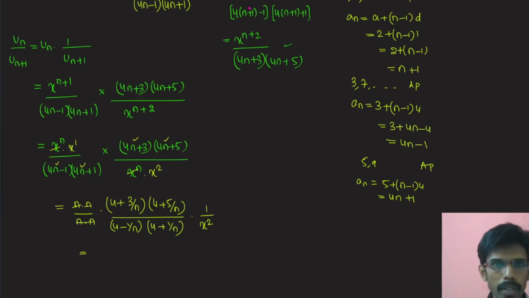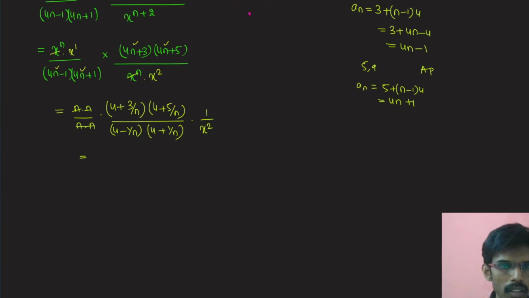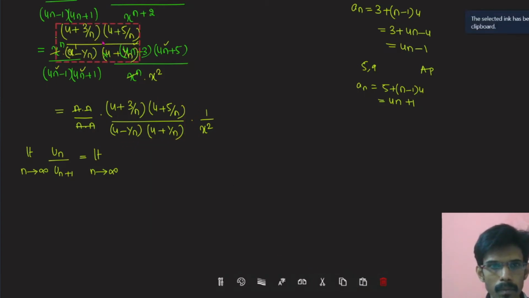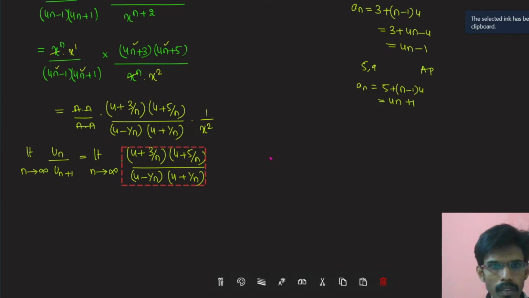Now apply the limits on both sides. Apply limit n tends to infinity of Un upon Un plus 1. So here I'll get limit n tends to infinity of all these terms with 1 by x square also.